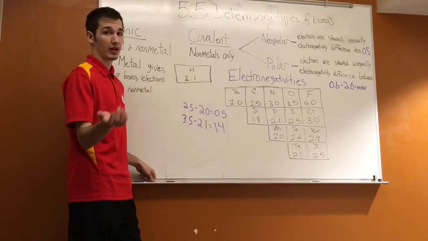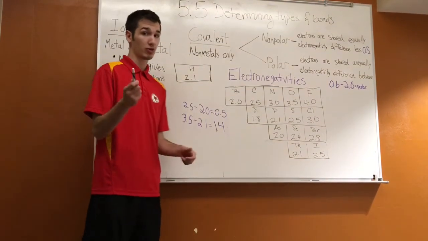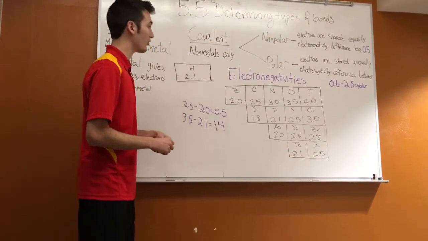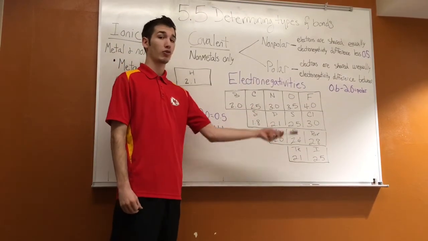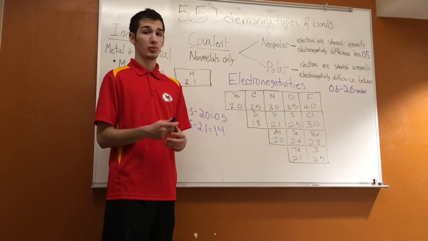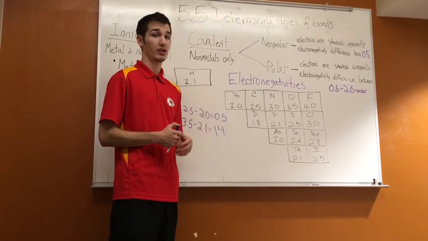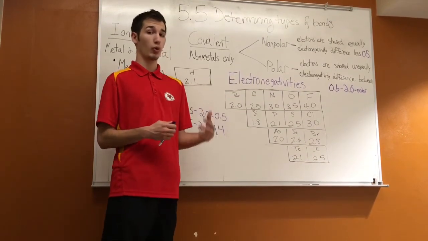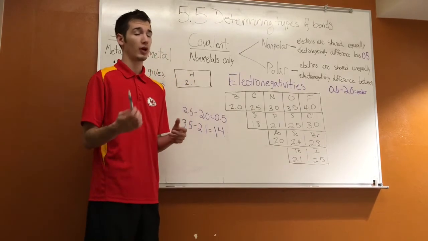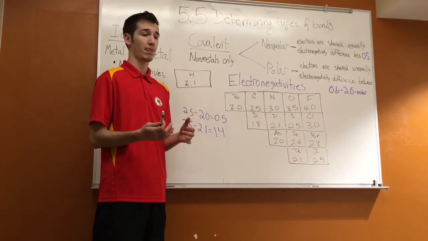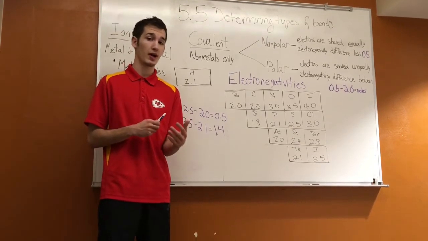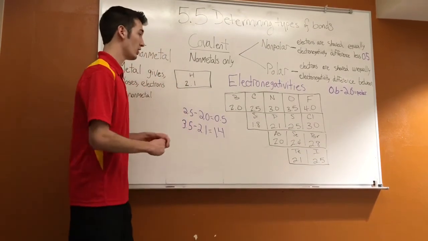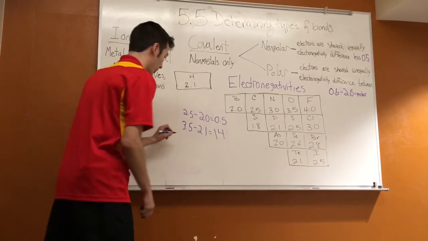So I'm going to let you guys try it really quick. If I were to give you a bond between carbon and fluorine, what kind of bond is it? Is it going to be nonpolar or polar? Try it. Okay, so hopefully you started the math a little bit. But let's do it for everybody.